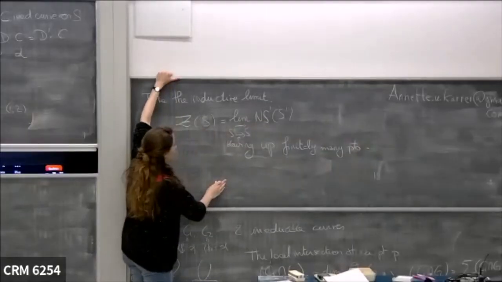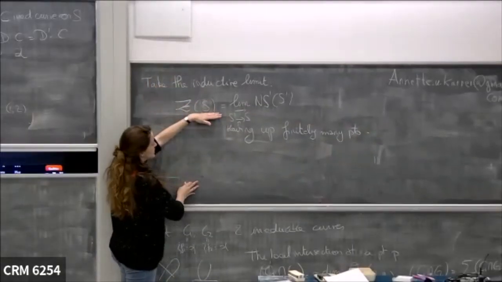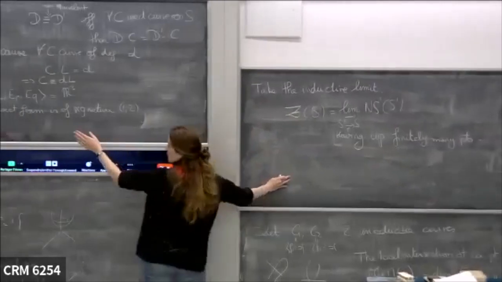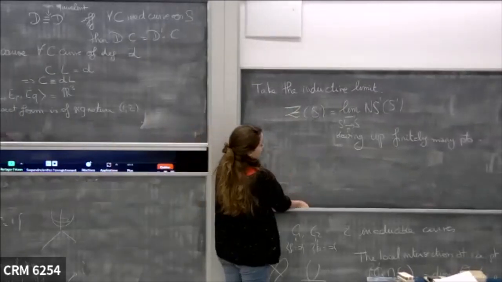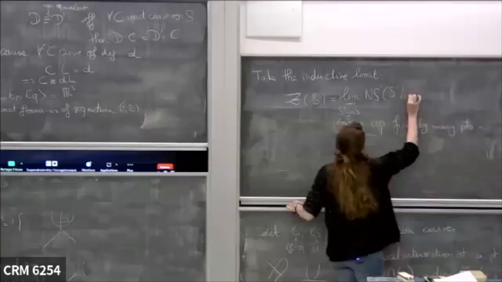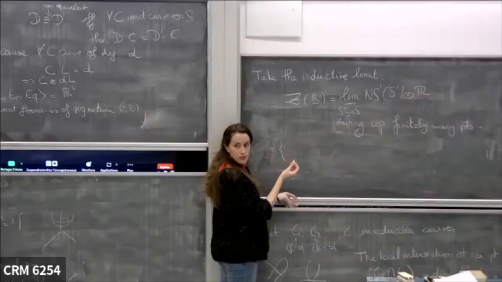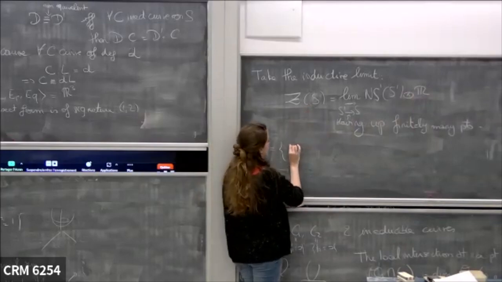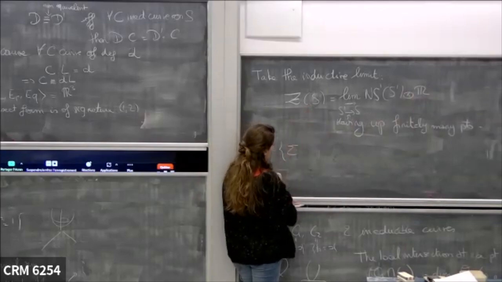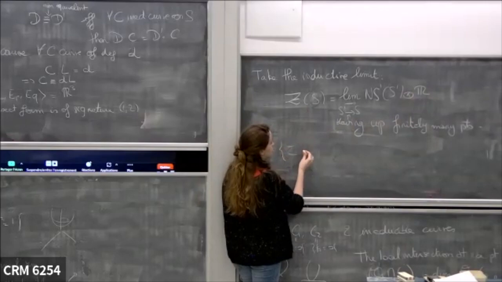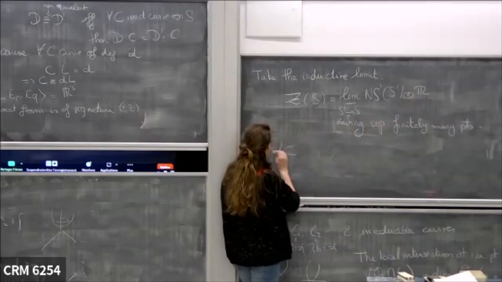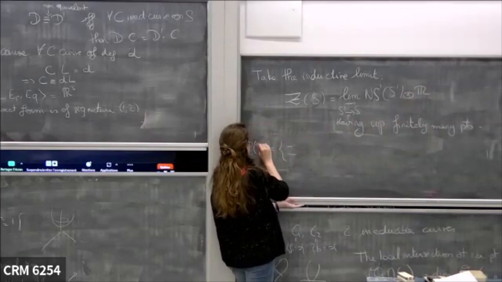Okay, if I want to see this a bit more with the basis, I tensor by R. So the elements of this set are in fact formal sums. Let's suppose I do Z of P2.